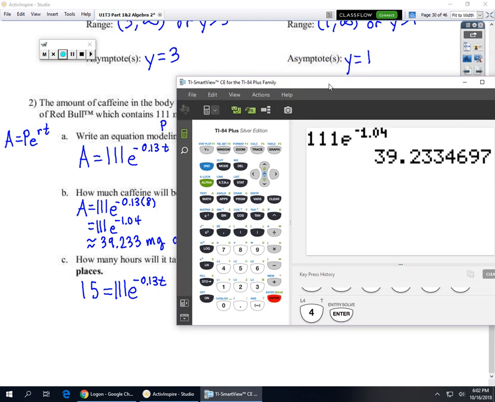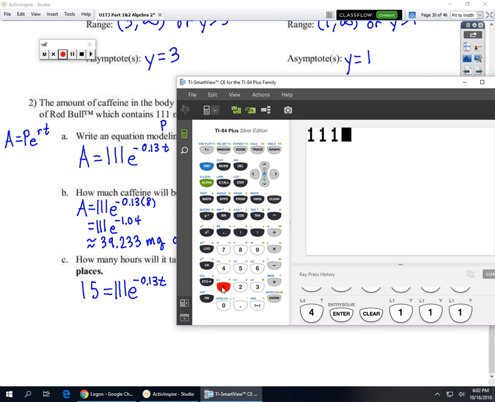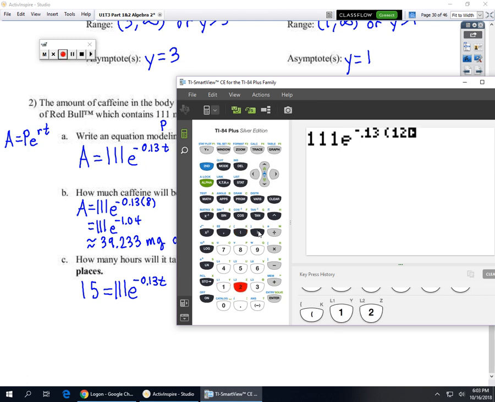So I know that if 8 hours passed, I still have 39, so it's going to be more than 8 for sure. So 111 e to the negative 0.13 times, and we're going to put that in parentheses just to be safe, so it's longer than 8 hours. Why not 12?